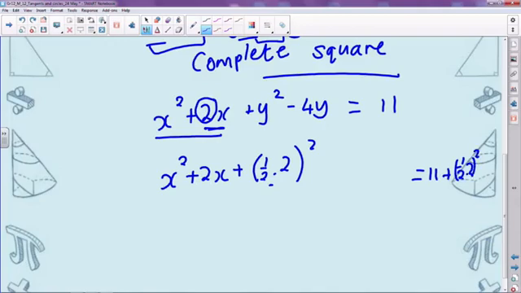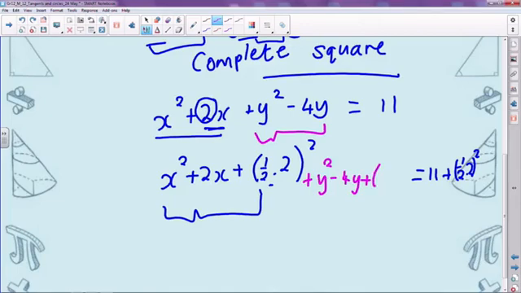So basically what I'm doing, guys, is I'm using this little section here. I'm completing the square for the x part of the equation, and then I need to do the same thing for the y part of the equation. So we complete the square with that. All right? Okay. So we say, well, bring down y squared minus 4y. And then we add a half of the coefficient of the b term. When I'm saying b term, remember this is a quadratic expression.